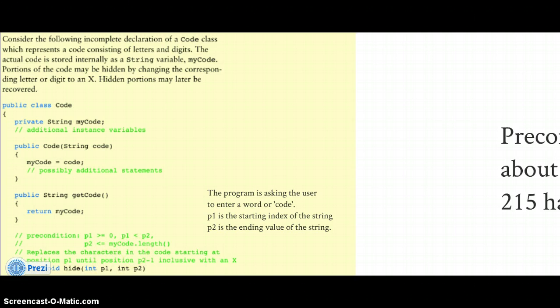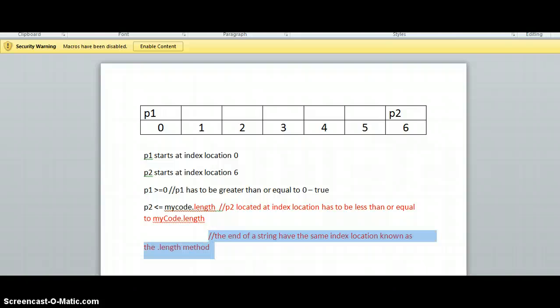So let's take a closer look at what this means, and usually you will see it in the form of relational operators. As you can see here, if we were to enter a 7-character word consisting not of 7 digits, but 7 letters, p1 would start at index location 0, and then p2 would be at index location 6, giving it a total of 7 letters.